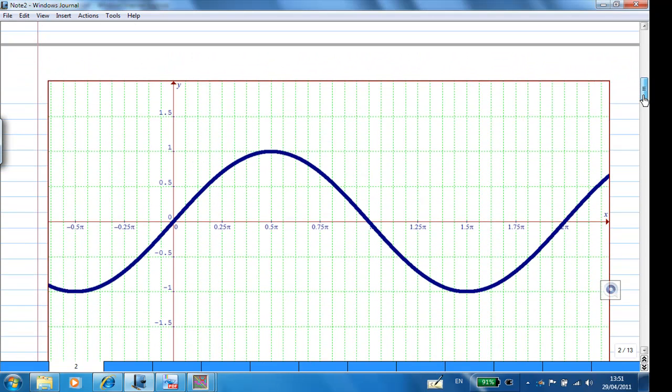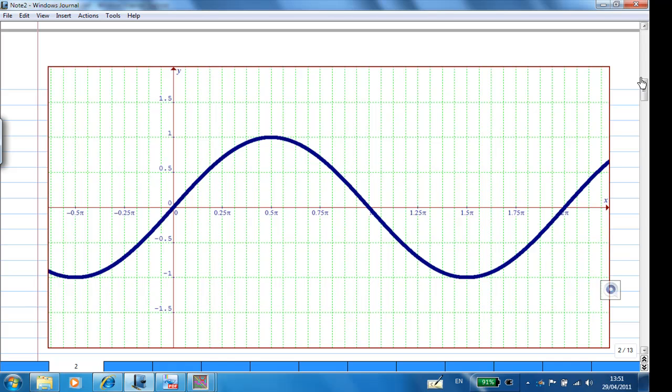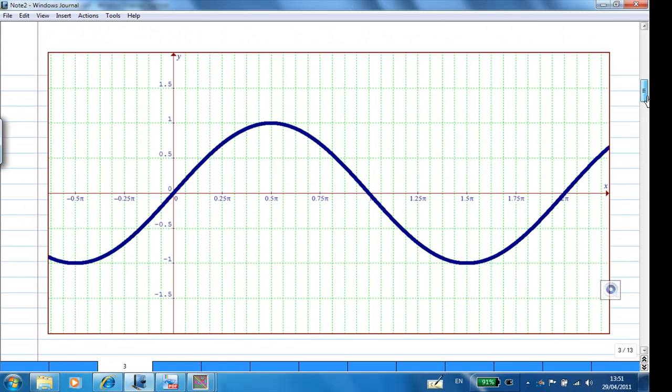Okay, now next I want to talk about scaling, another transformation of the graph, so that equations are closely related. So I have the graph here of y equal to sine of x. Let's say I have another equation, y equal to 2 sine x. Now this is what we call a vertical scaling. If you multiply all the y by 2, then you expect the graph to be all the values of y times 2.